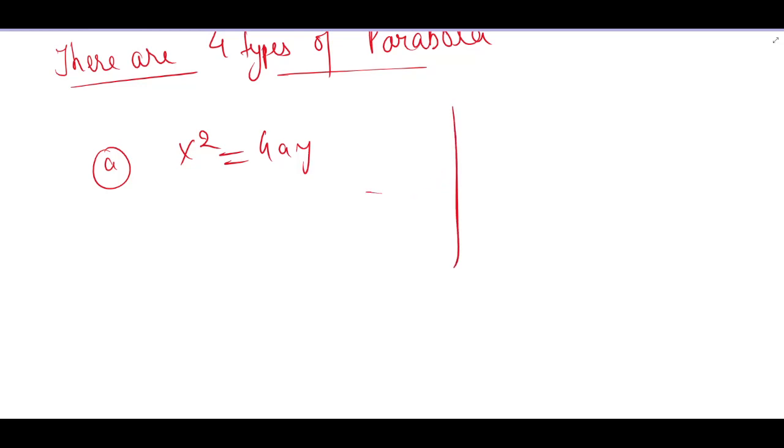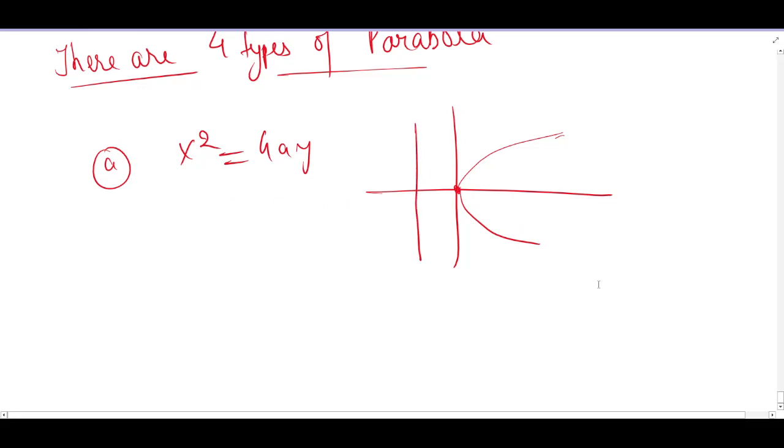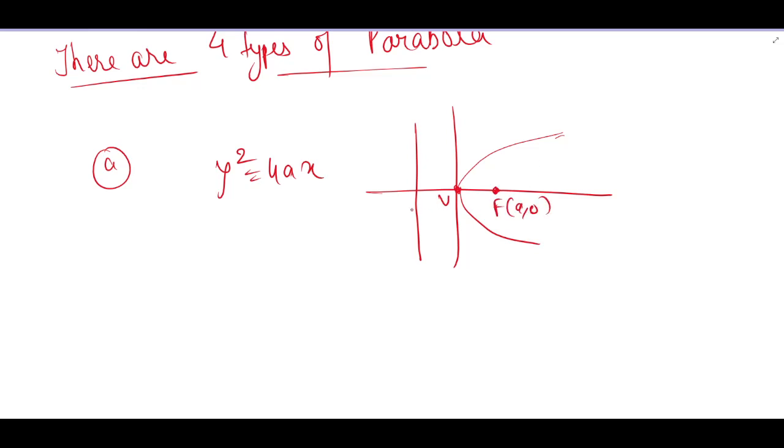So this is a parabola, and this is a vertex, and this is a directrix. Also, y square is equal to 4ax, where this is vertex and we have focus at a comma 0 and directrix at minus a comma 0.